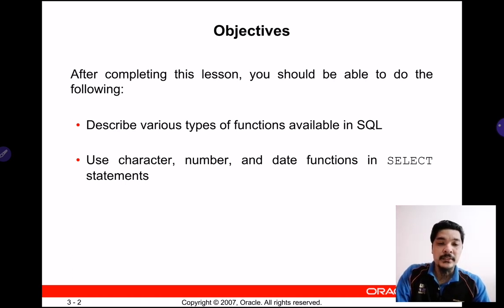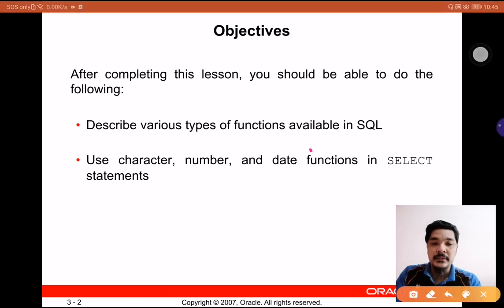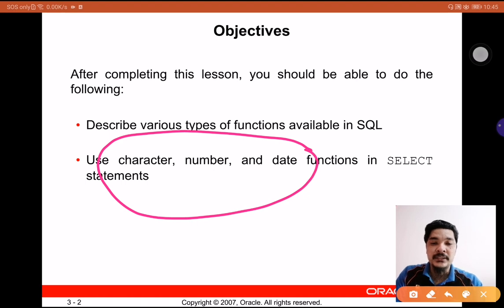If you still remember, I talked about three main data types that we are going to discuss and use in these lessons: character, sometimes called a string, number, and date. We are going to use these three in the select statement.